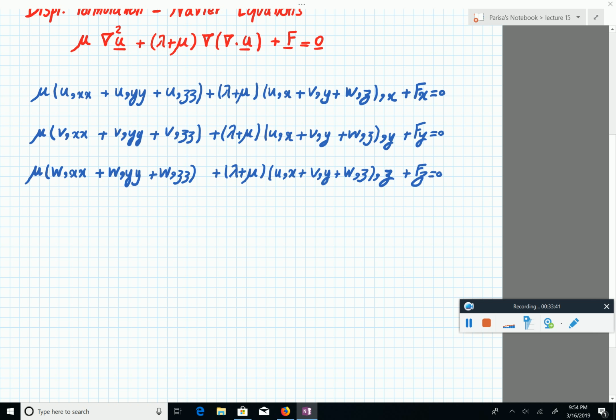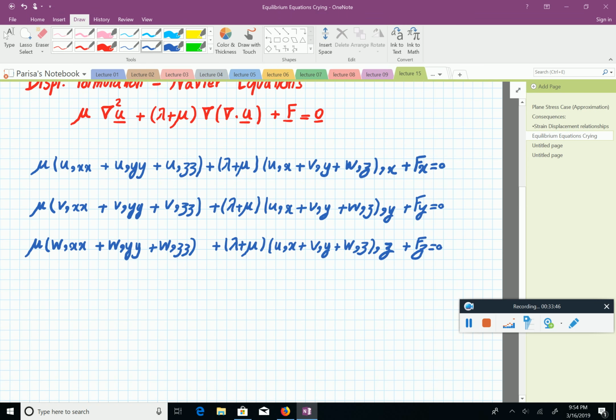Now let's look for the components that are 0. We know the assumption is that fz has to be equal to 0. What else can we say here?